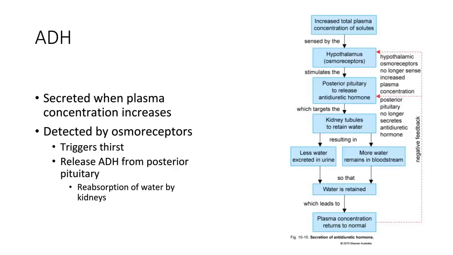So less water is excreted in the urine and more water retains in the bloodstream. And once the water is retained, we end up back with a normal plasma concentration of solutes and electrolytes. And that then switches the ADH release off.